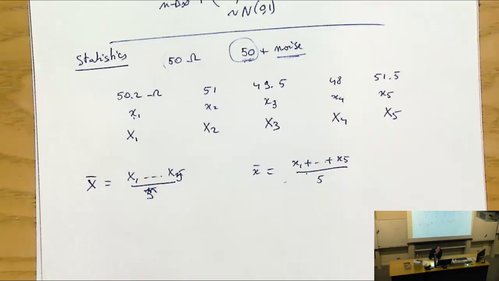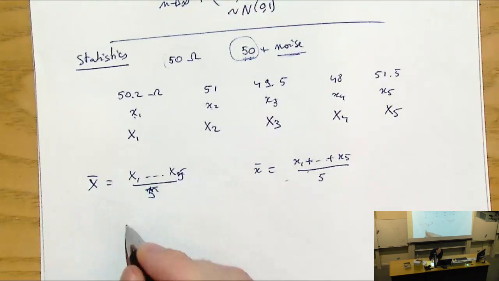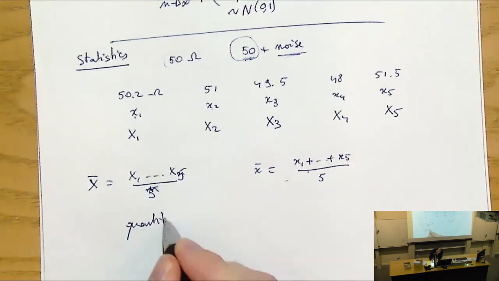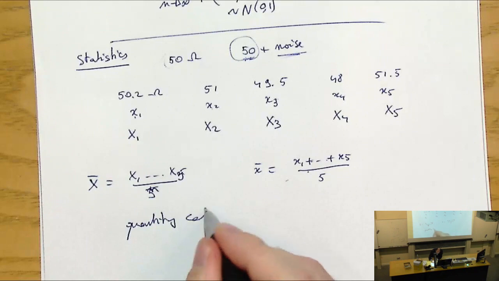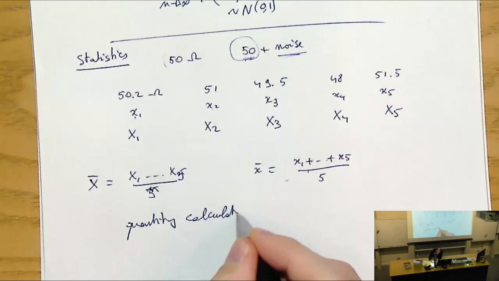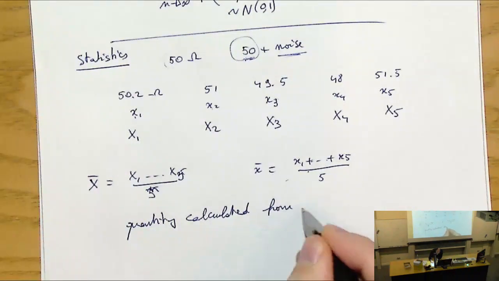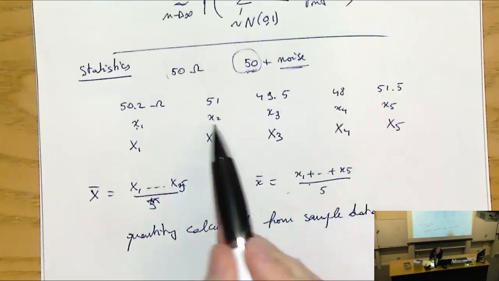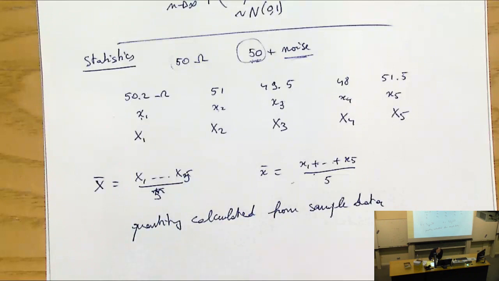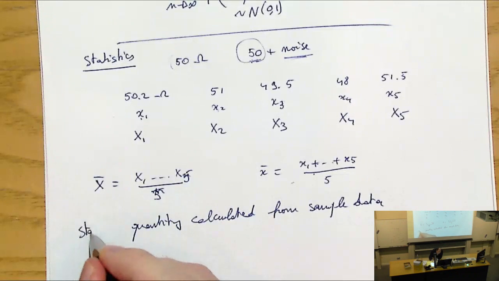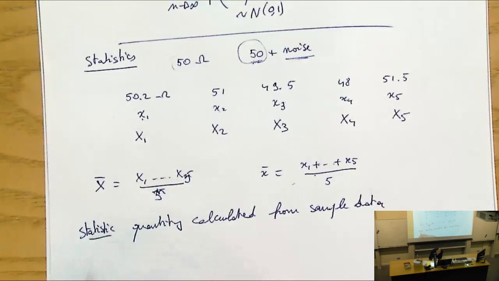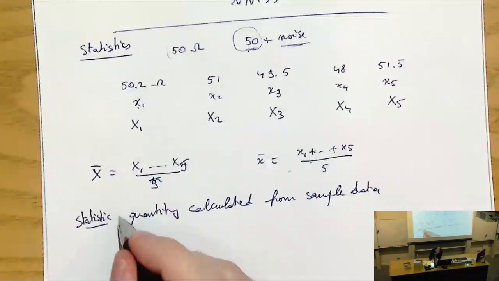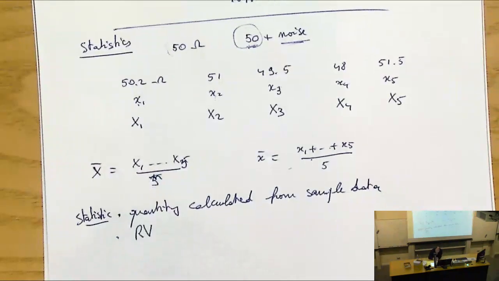So what is this quantity? Any quantity that is calculated from sample data is called a statistic. A statistic is nothing else than a random variable, right?